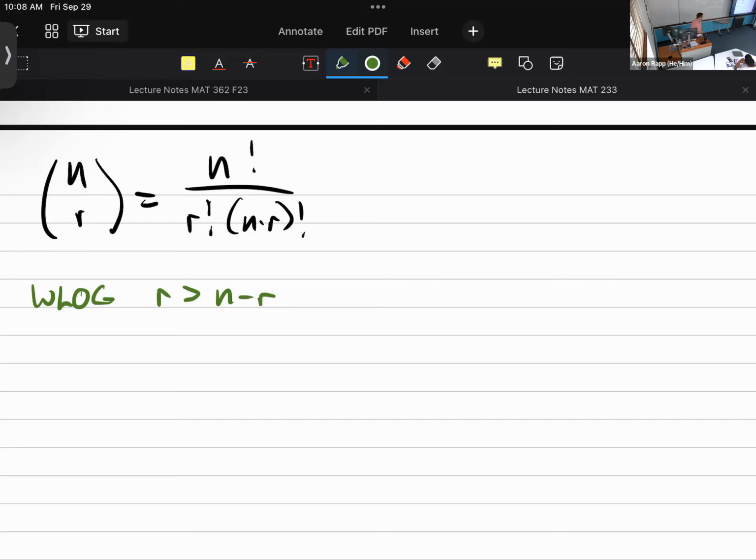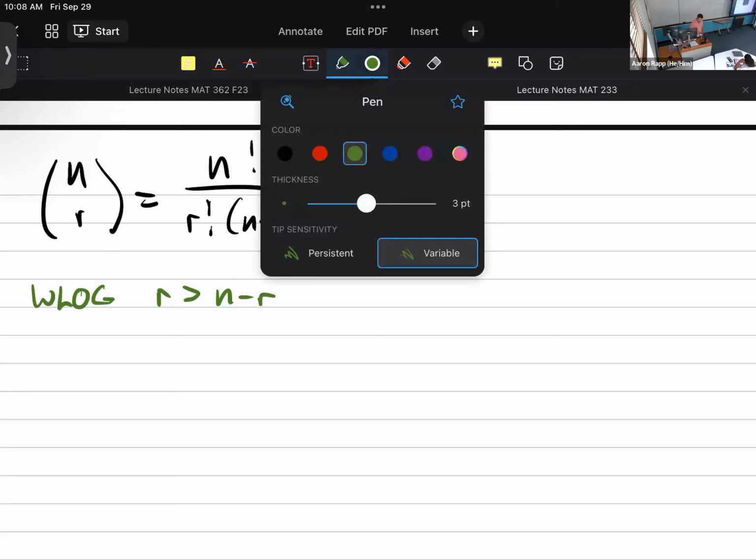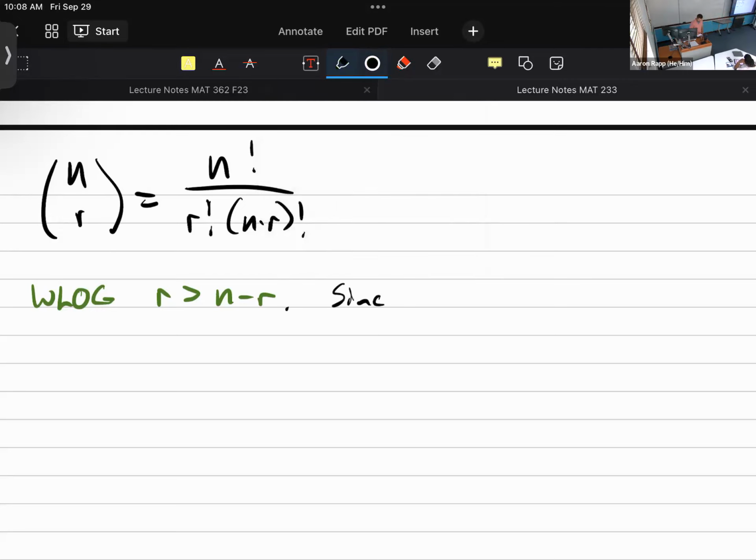So let's see. We've never actually done this before. But how do we know n factorial is going to be greater than r factorial? Particularly, n is greater than r. Then we know this is going to be n times n minus 1 times n minus 2 all the way to n minus r plus 1 times, I guess n minus r factorial is a better way.